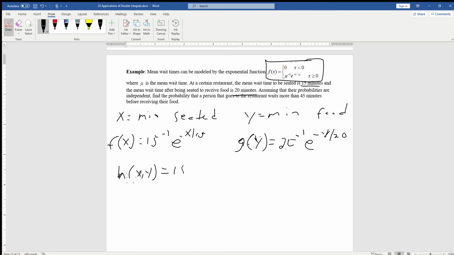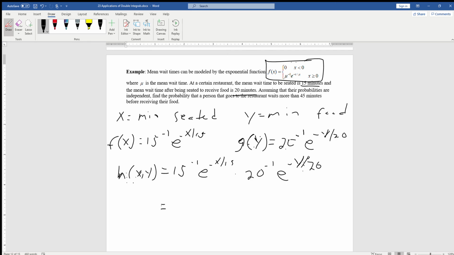That's going to be 15 to the minus 1 e to the minus x over 15 times 20 to the minus 1 e to the minus y over 20. Now we can simplify this expression very nicely. We know that 15 to the minus 1 times 20 to the minus 1 is going to be 1 over 300.